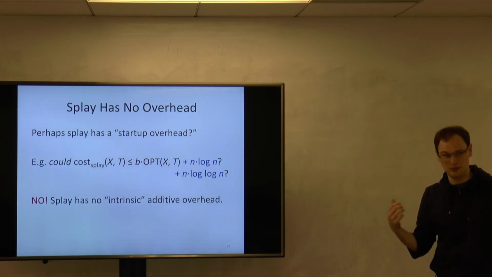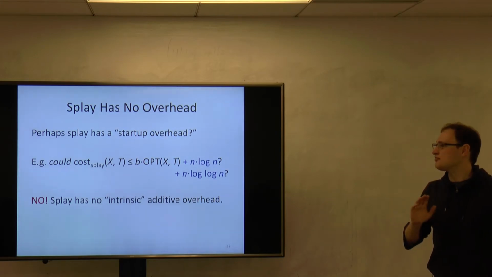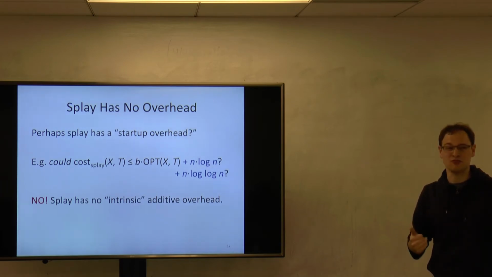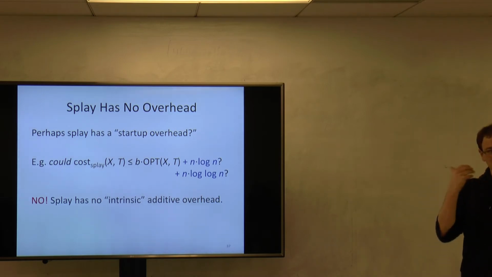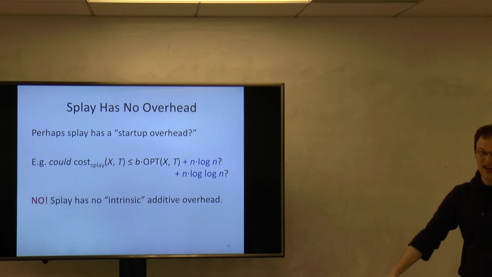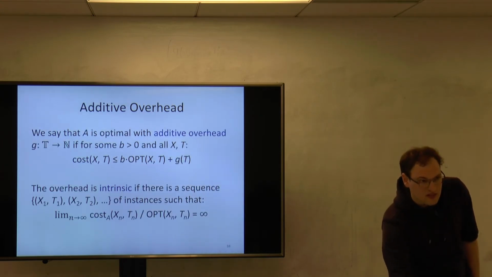They would never interact with the splaying. I'm also assuming there's at least one request. Under that assumption, the optimum at least has the cost of the size of the initial tree, because it has to access everything at least once. So is it the same as saying that Splay is optimal for long enough sequences? Yes, that's another way to say it.